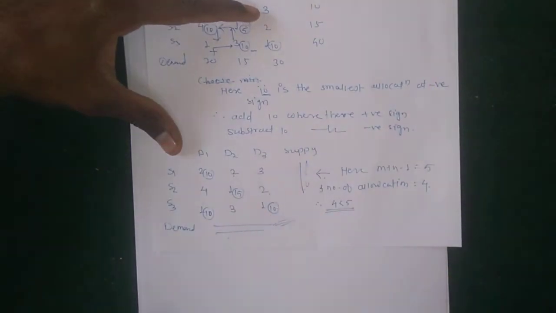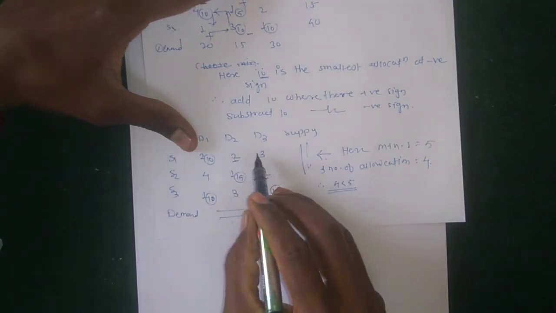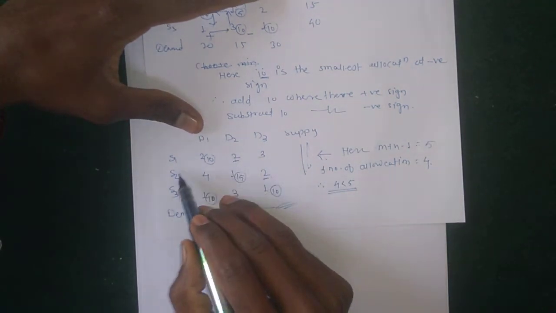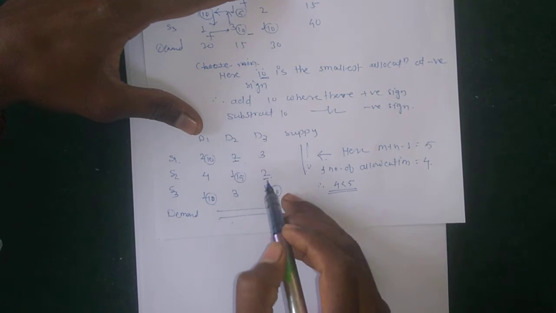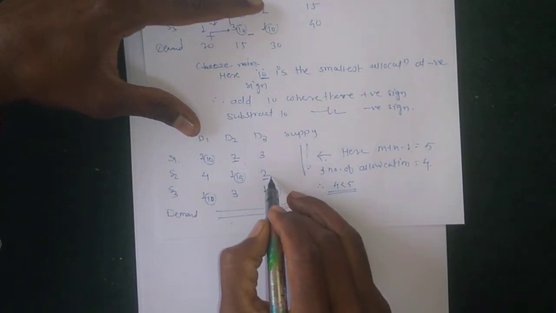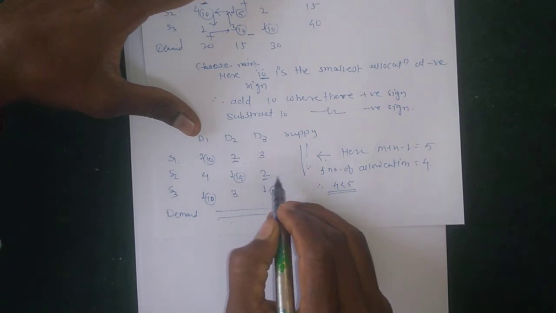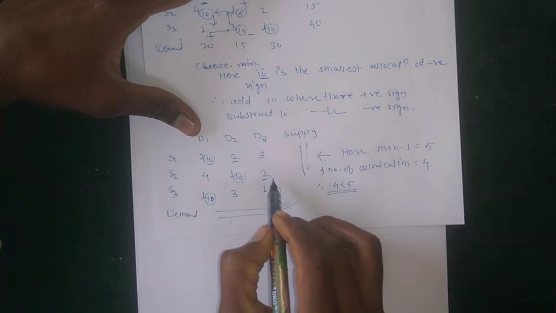Suppose there are two positions with cost 2, s1 d2 and s2 d3. If we select this allocation of 10, we again have to find the solution.